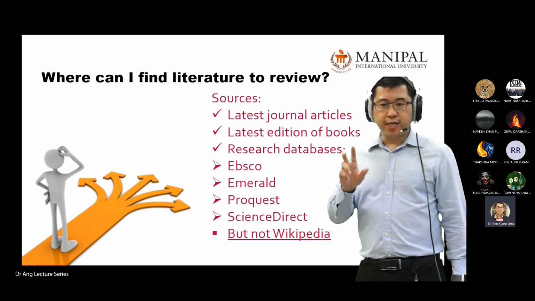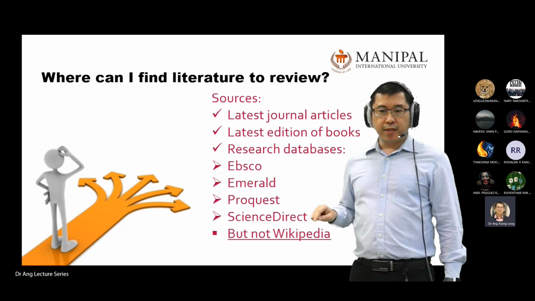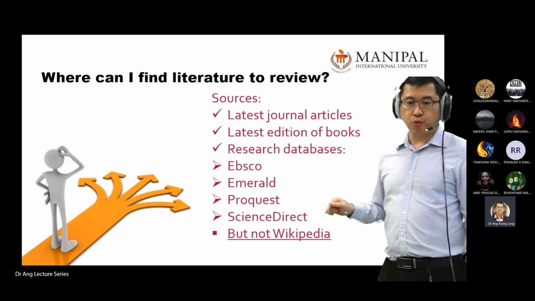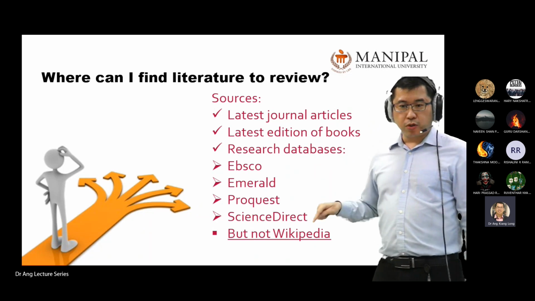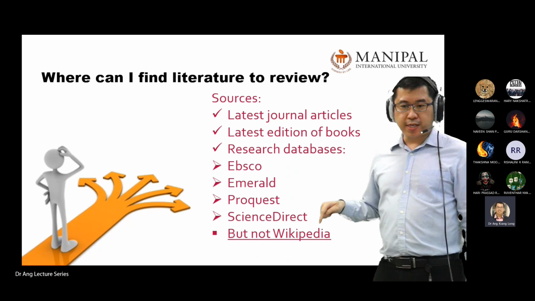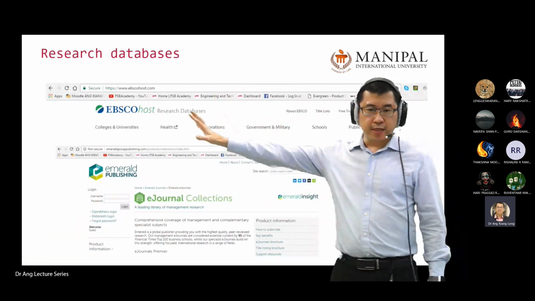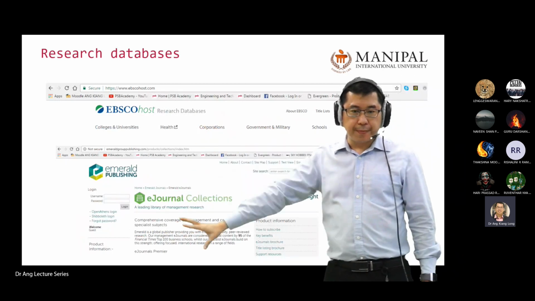But you can use that as normal reading, just to give you some idea. They do a very good job when it comes to explaining basic concepts, but don't cite Wikipedia as your reference material. So this is the interface when you go into Best Course, Emirates Publishing, and all this.